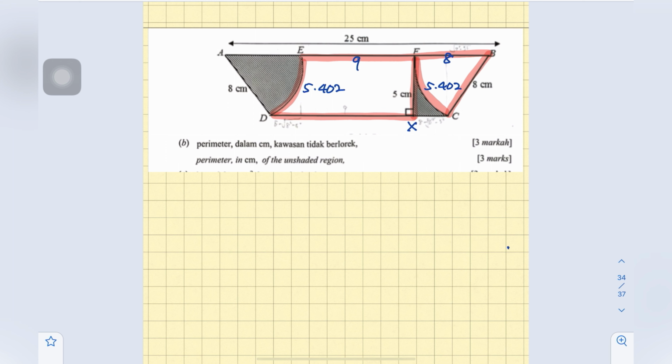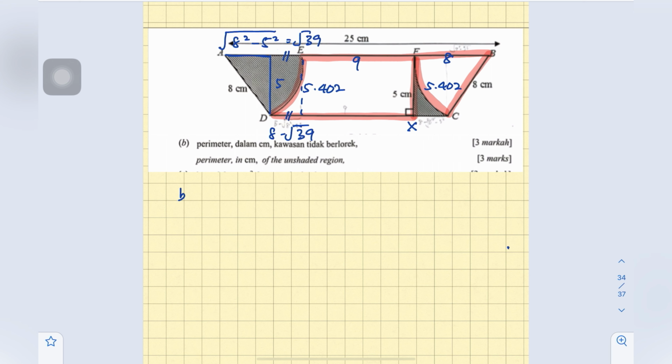Let's say this one is X. To find X, we can find the length of this first. The height is 5, so this length is the square root of 8 squared minus 5 squared, which equals the square root of 39. Then for this length, it is 8 minus the square root of 39.